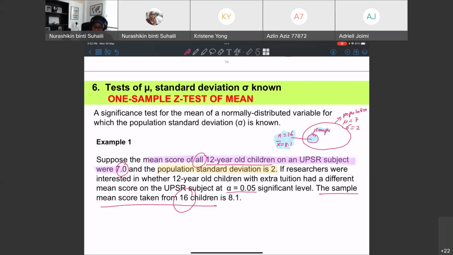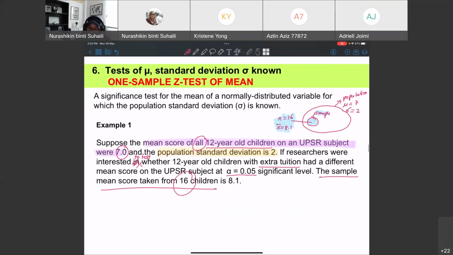Researchers were interested in testing whether 12-year-old children with extra tuition had a different mean score on the UPSR subject at alpha 0.05. Okay, so that is the problem. Now, how do we set the hypothesis?